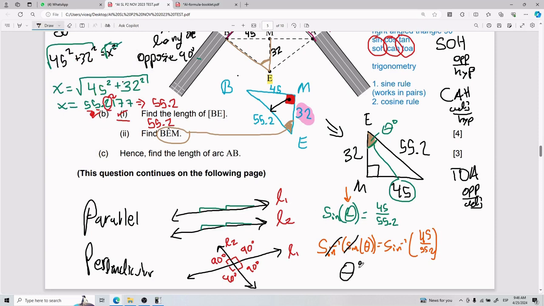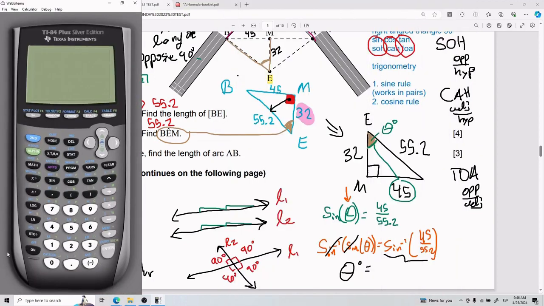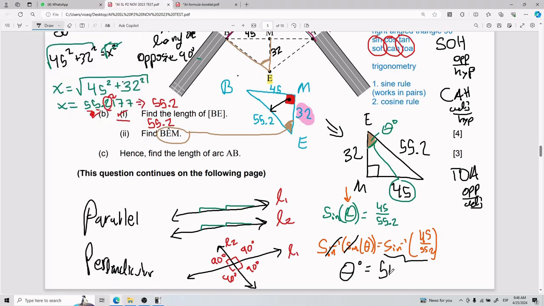So only theta, which is the angle you're looking for, is sine inverse of all of this. Make sure that your calculator is in degrees mode. So again, I pressed mode, went to degrees, and sine inverse of this gives me this value here. So angle BEM is 54.60.